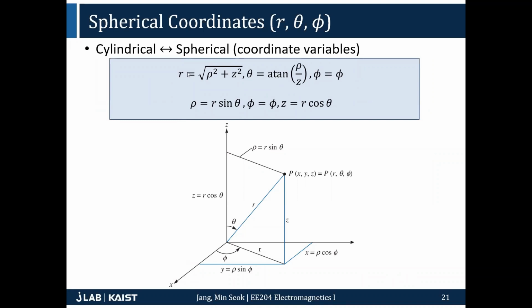And then rho and z: rho squared plus z squared gives you r. So I think it's pretty straightforward, right? And you've done this many times, so I don't want to spend too much time.